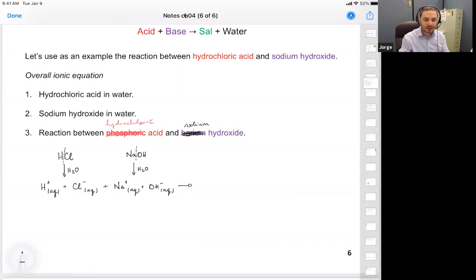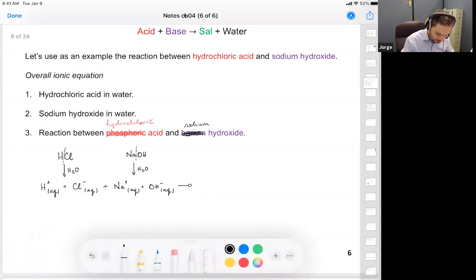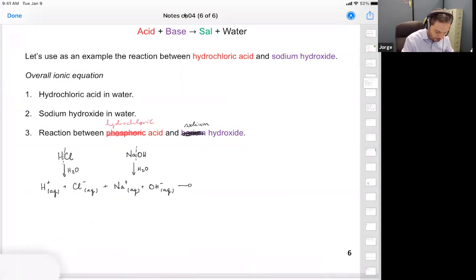Of course, there is low probability of a positive ion combining with a positive ion because of repulsion. Therefore, it is more probable that a positive ion is going to combine with a negative ion. And that's the reason that H plus is going to combine with OH minus.